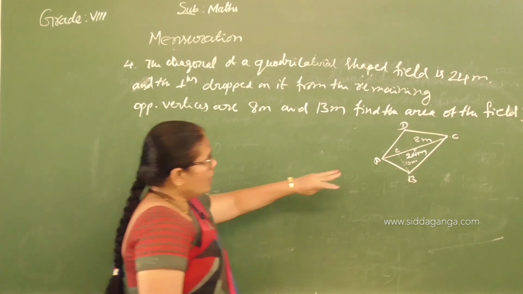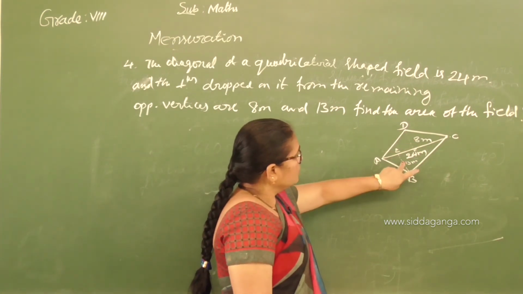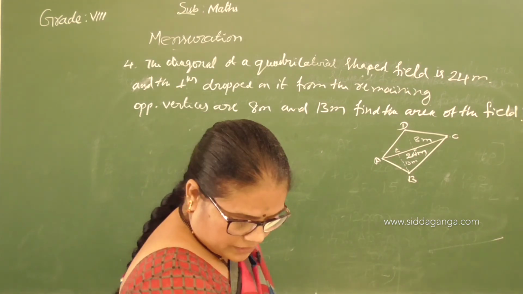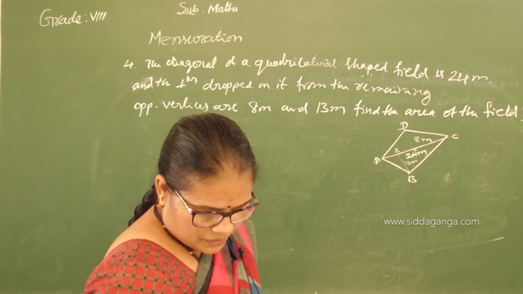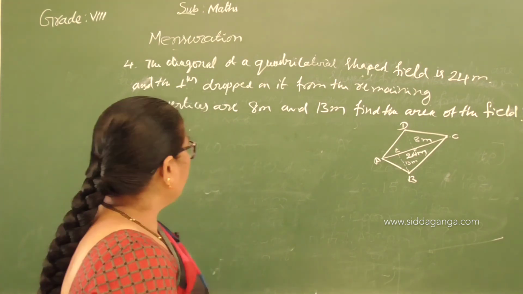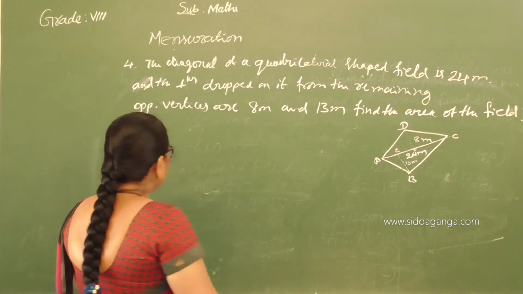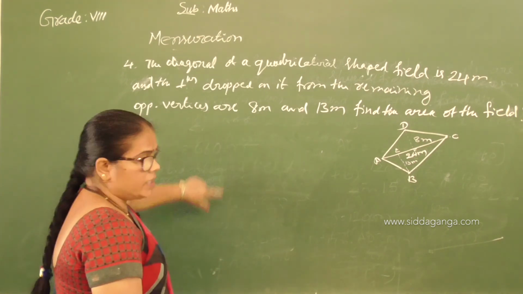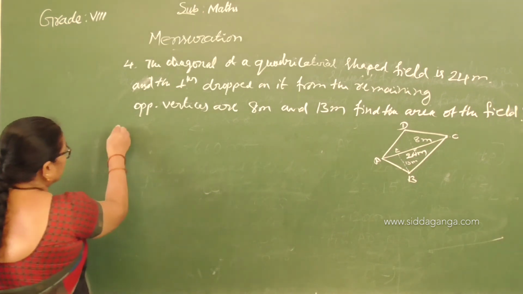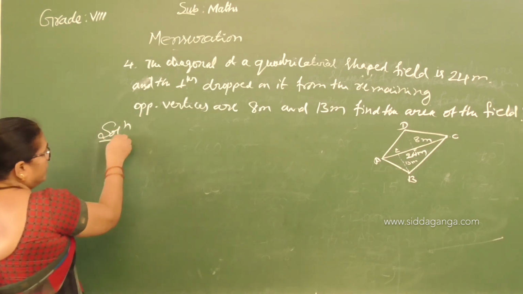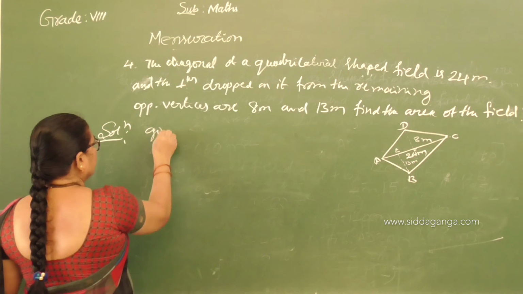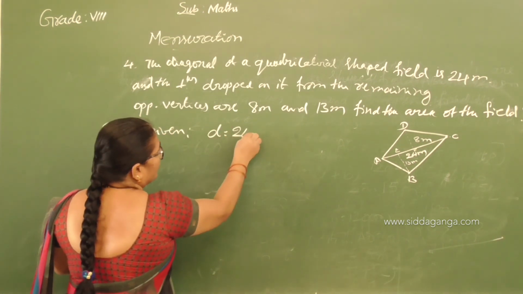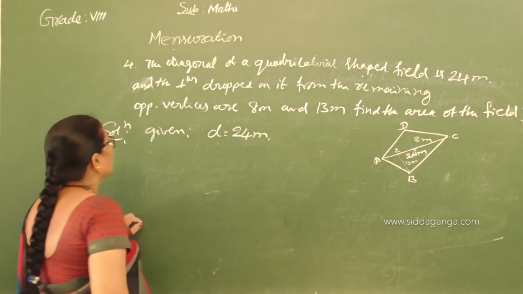What is the area of the quadrilateral? Here diagonal is given. Two altitudes are given. Area of the quadrilateral is equal to half into diagonal into sum of the altitudes h1 plus h2. So here I will take the given part. Diagonal D is equal to 24 meter, diagonal of the field.